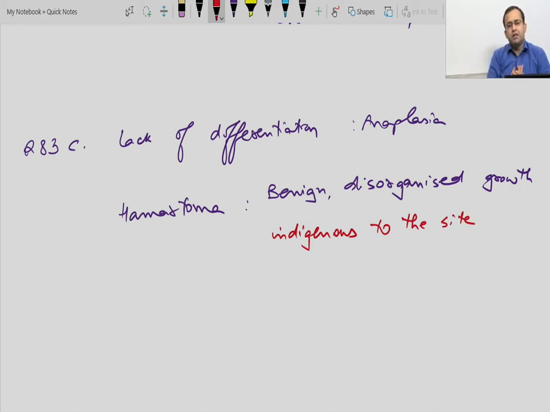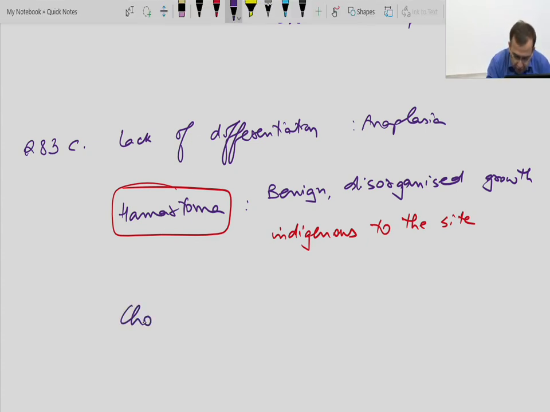What do we mean by this? Suppose the liver. In the liver, bile ducts are present in portal tracts. It's a well organized tissue. If dilated bile ducts are present in the liver in a haphazard manner, that is called a hamartoma. Benign disorganized growth in the liver, indigenous to the site, hamartoma.